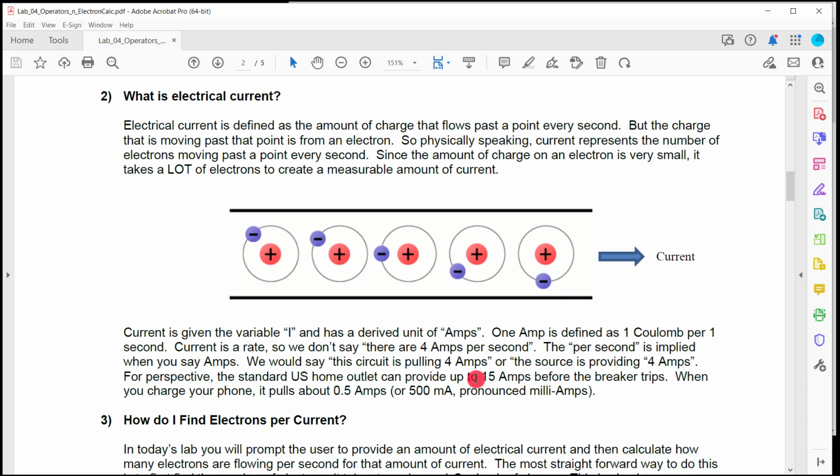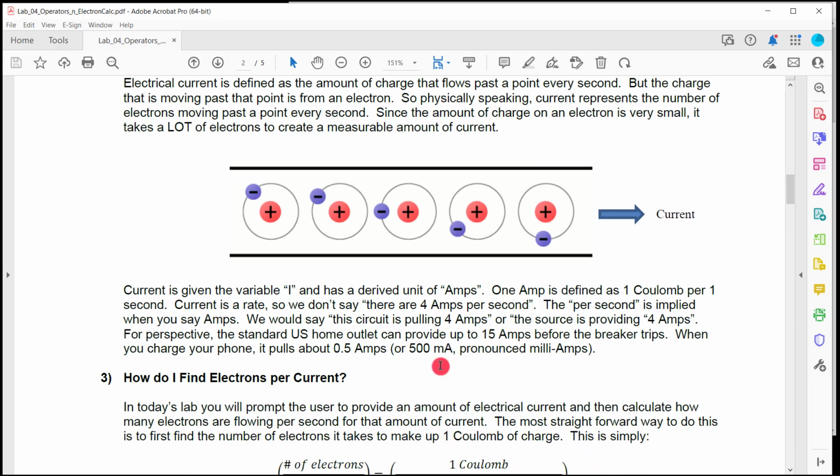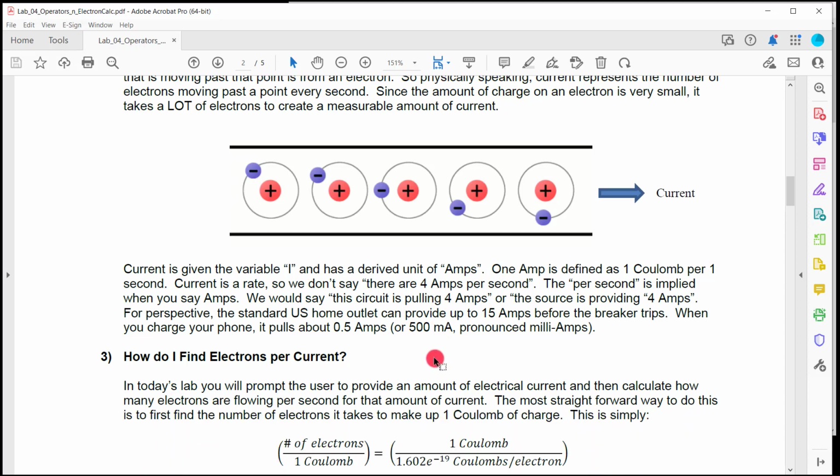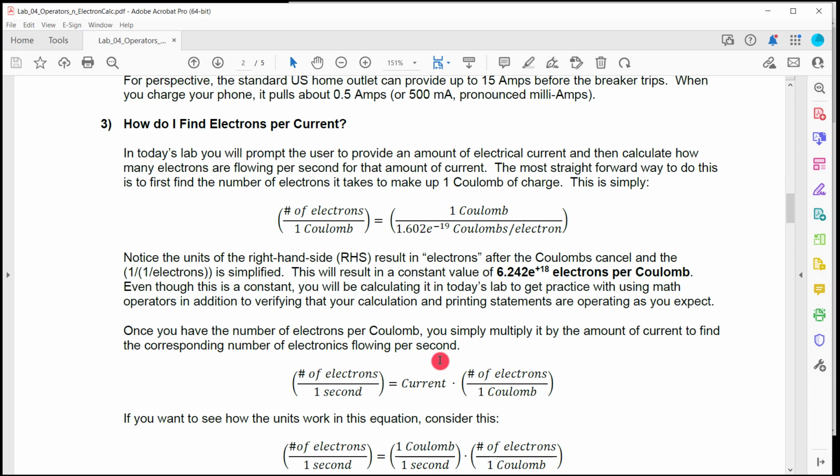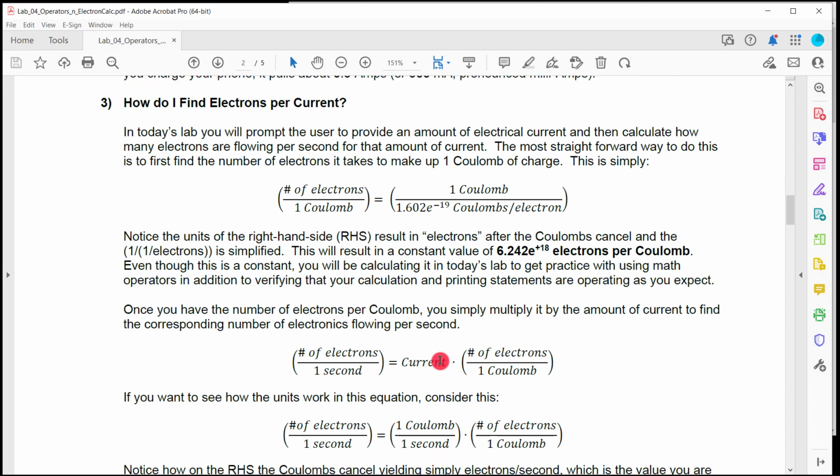We usually say just how many amps are flowing through. Typical values are like, I've got 15 amps coming out of my wall outlet, or 0.5 amps going down my USB cable. However, in this lab, you are going to calculate how many electrons are present in a certain amount of current.